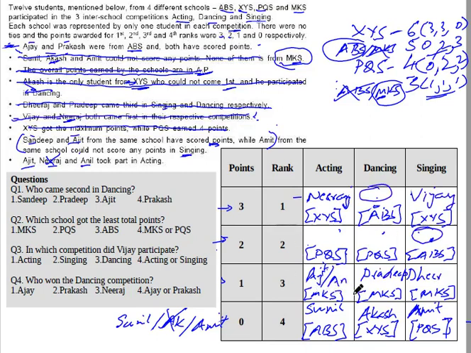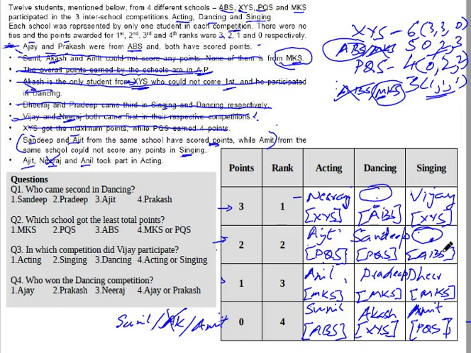This has to be Anil. This has to be Ajit. So this one has to be Sandeep. And this is Ajay and Prakash. We still cannot find out who is Ajay and who is Prakash.